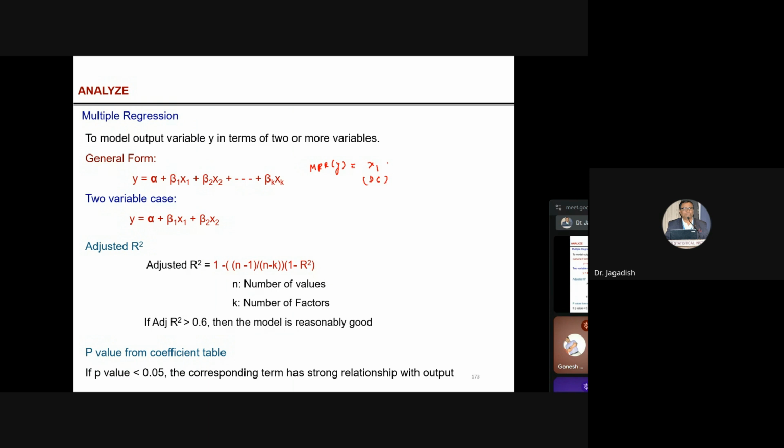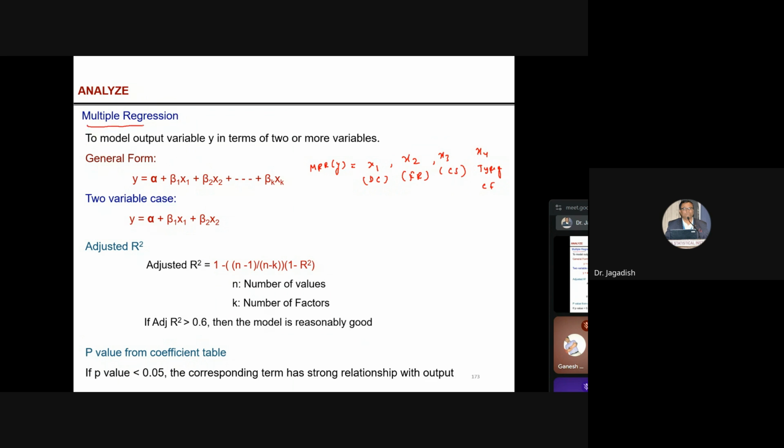It may also depend on x2, feed rate, x3, cutting speed, and x4, type of cutting fluid, and so on. So there may be n number of variables responsible for y. When you consider more than one variable, that analysis we call multiple regression.